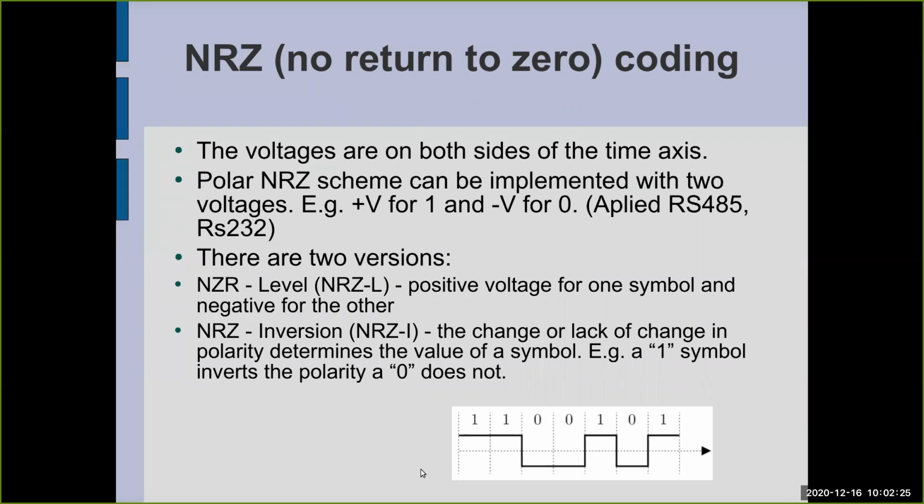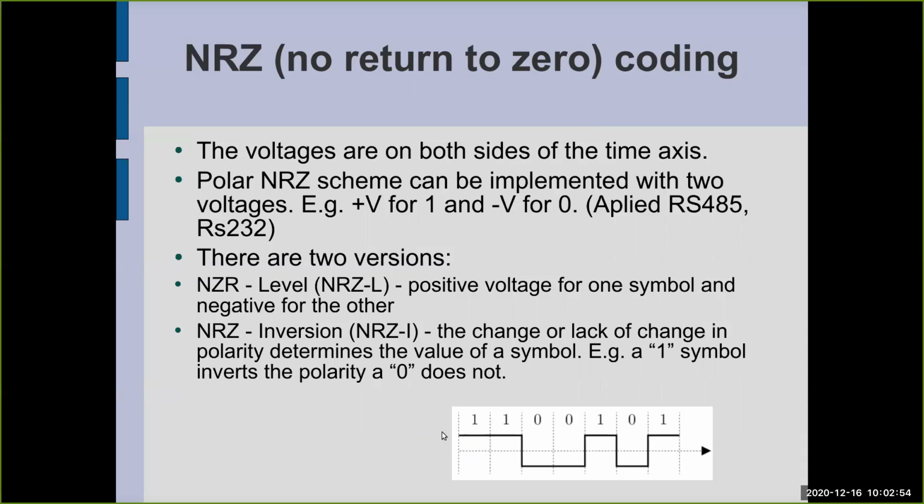I'd like to briefly mention some of them and tell you something about how synchronization can be achieved. So the first, or one of the most commonly used methods, was NRZ, so no return to zero coding.